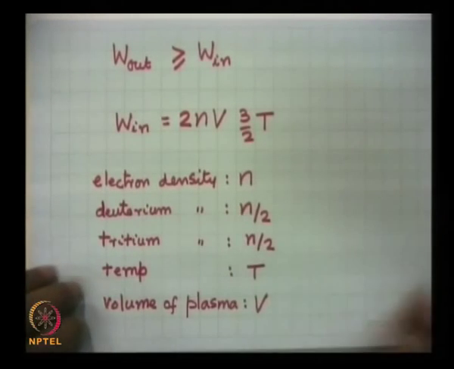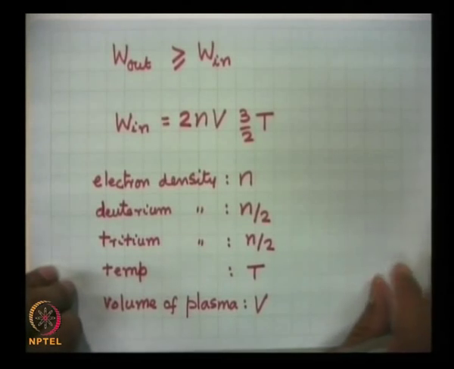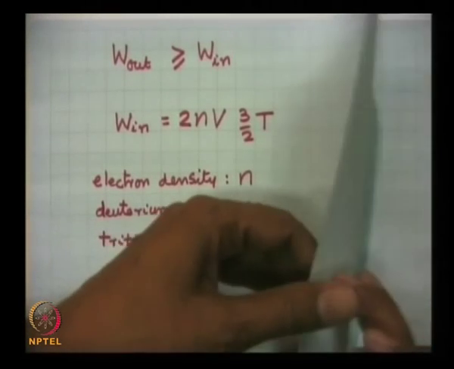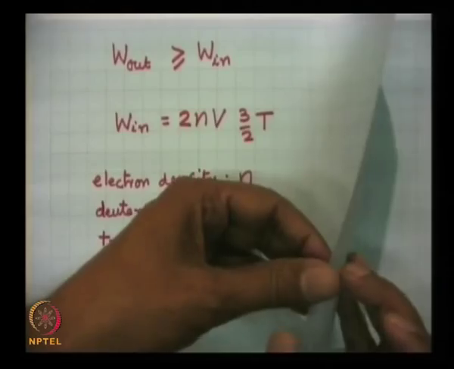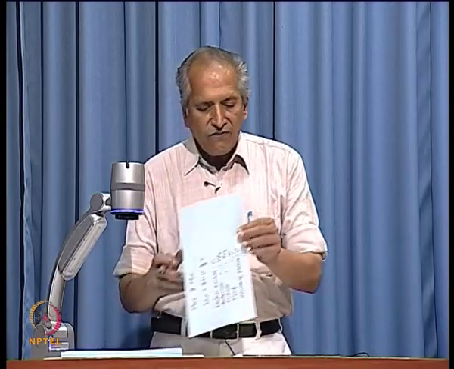Now, let us see how much energy one can produce. If the confinement time of the system is tau, suppose this mixture stands there for a duration of the order of tau. Let me estimate that.